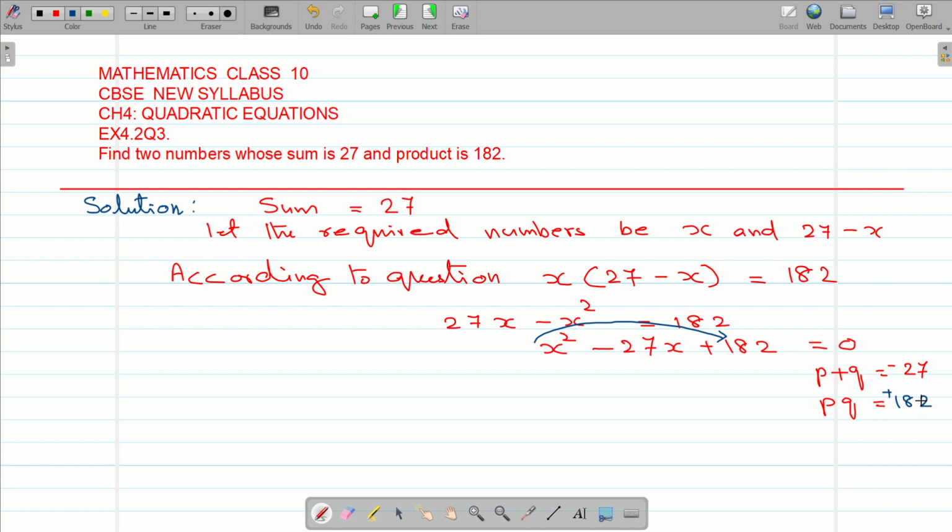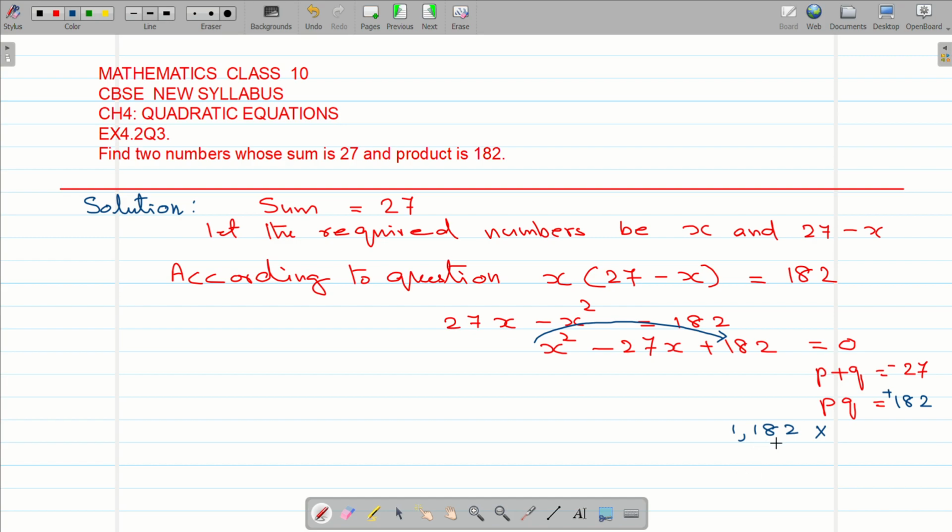Since the product is positive, both the factors will be of the same sign, and here it is given minus 27, therefore both the factors are going to be negative. Now which are those factors? 1 and 182, the sum is not 27.